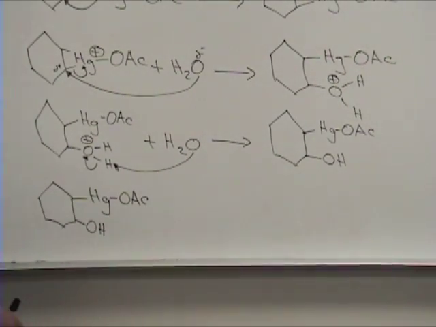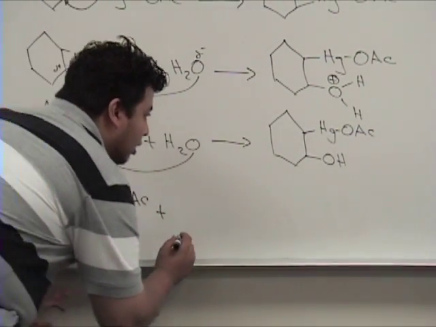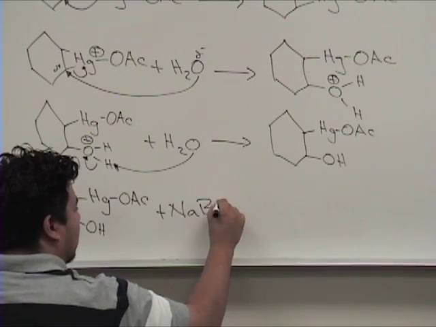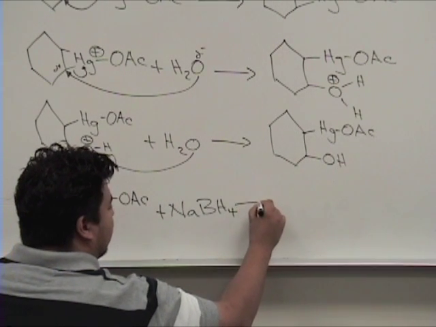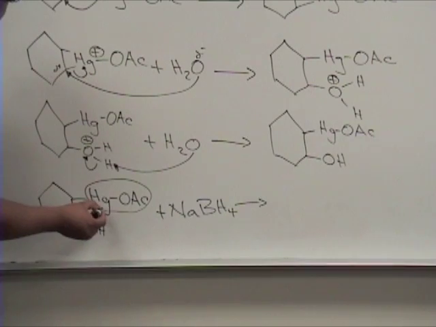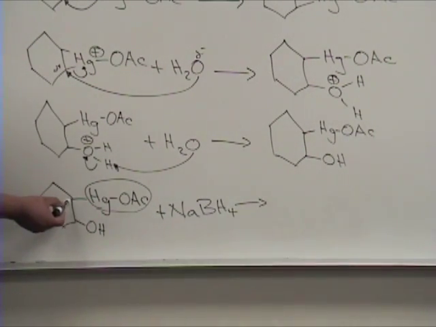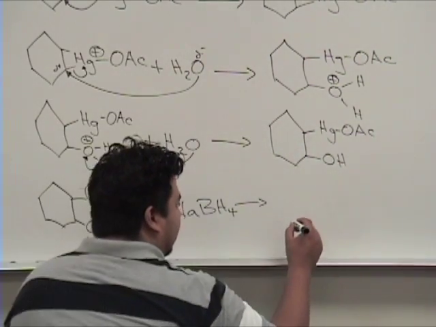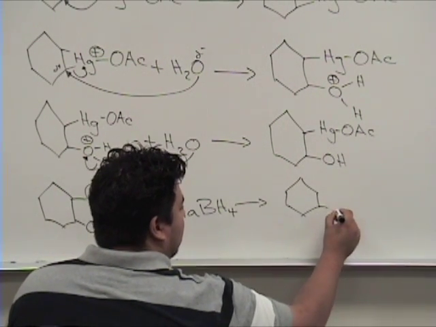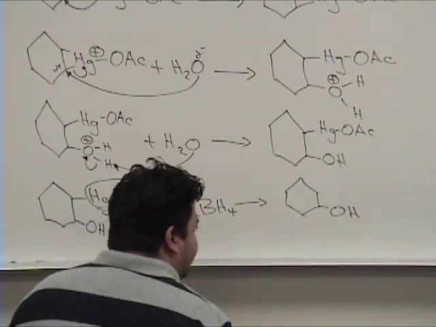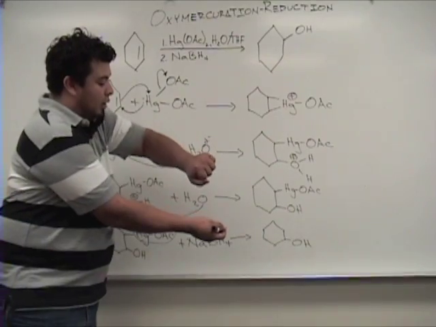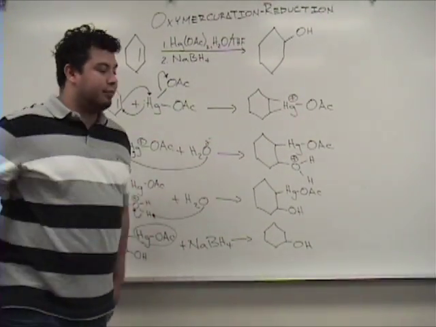So we just know that by adding this, we are going to grab this big bulky group, and instead of that, we're going to add a hydrogen here. So our answer would be that, which would be the same as this, just grabbing the molecule and putting it that way.